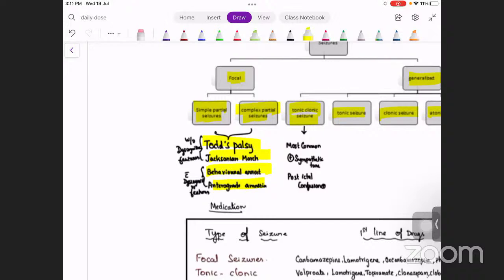Among them, Todd's palsy and Jacksonian march are without dyscognitive features, while behavioral arrest and anterograde amnesia are with dyscognitive features.